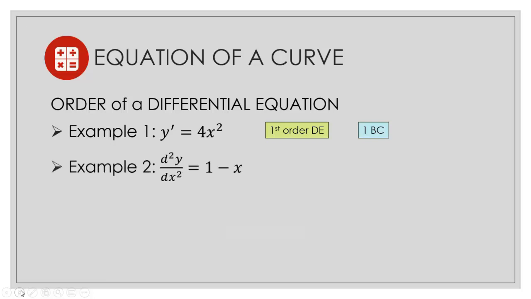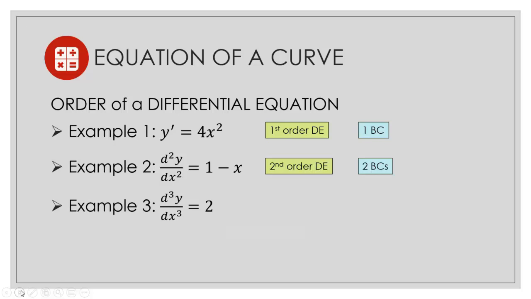Let's give another example. Let's say we are given the second derivative of y with respect to x equals 1 minus x. Since the highest order derivative appearing in this equation is the second derivative of y with respect to x, then what we have is a second order differential equation, and we need two boundary conditions for us to define a particular solution of this differential equation.